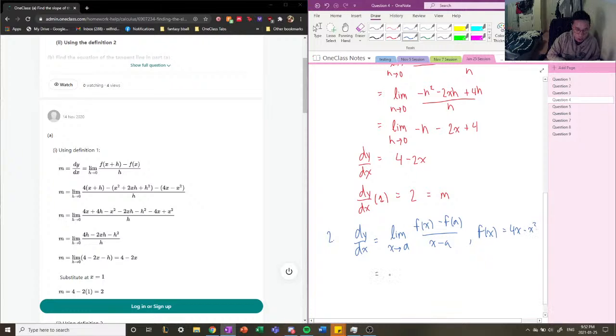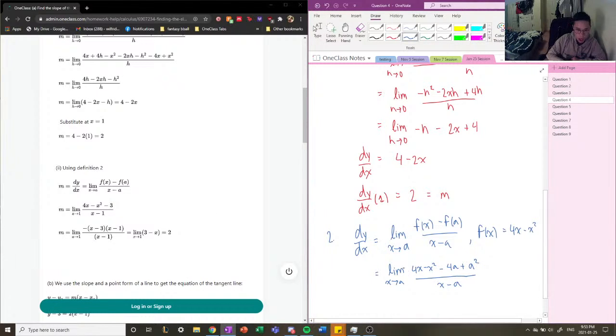So if we plug in f of x and f of a, we have 4x minus x squared minus 4a plus a squared, over x minus a.